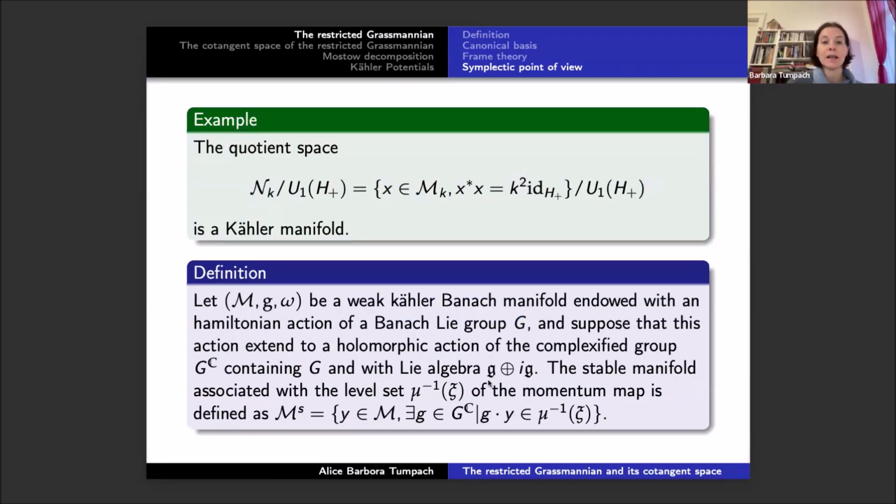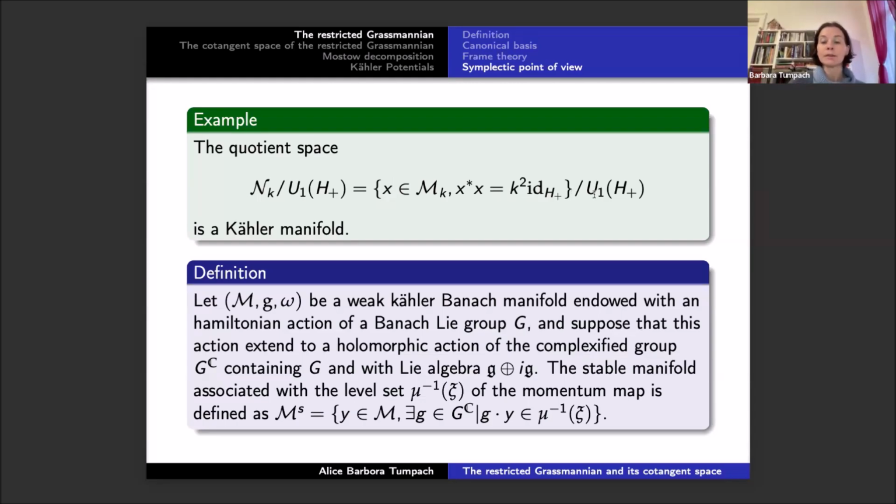Now, if we go back to our example, we had the space MK with a moment map for the group U1. The level set is this set of operators in MK such that x star x is a multiple of the identity.